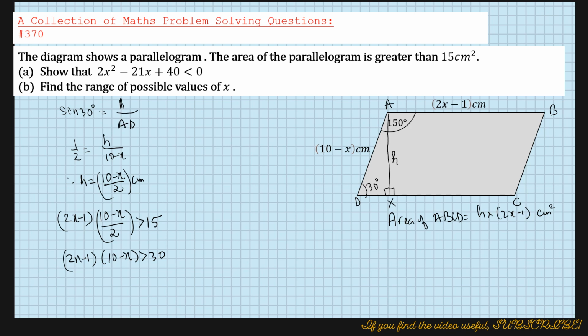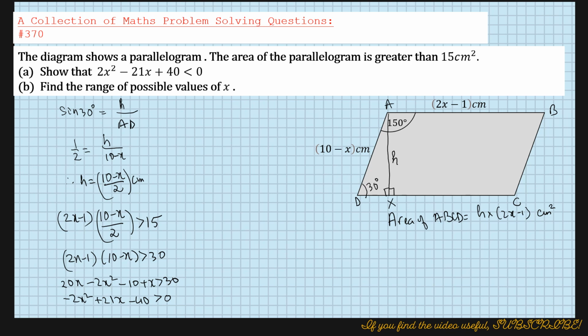Multiplying this out, removing the brackets, we'd get 10 times 2 is 20x minus 2x squared minus 10 plus x is greater than 30, or we can write minus 2x squared plus 21x minus 10, and then bring the 30 to the left hand side, so it will be minus 40 is greater than 0.